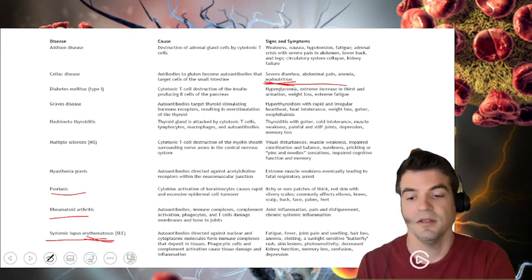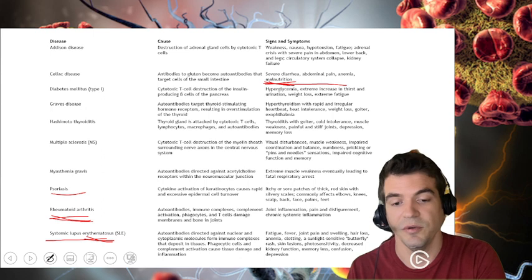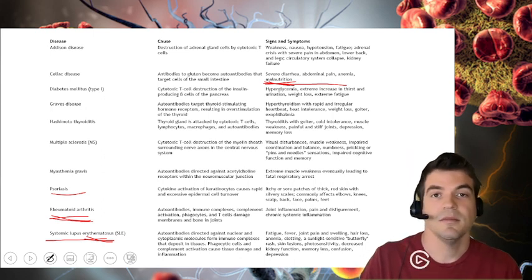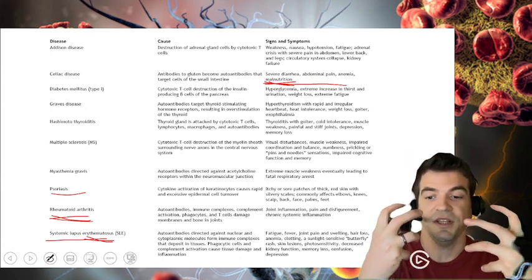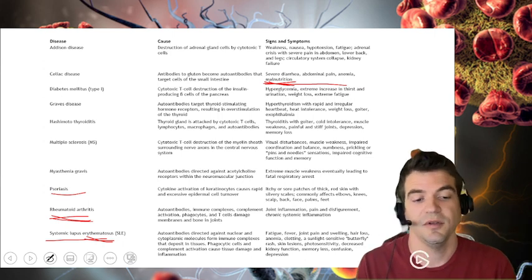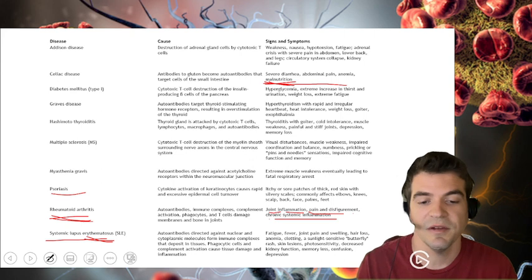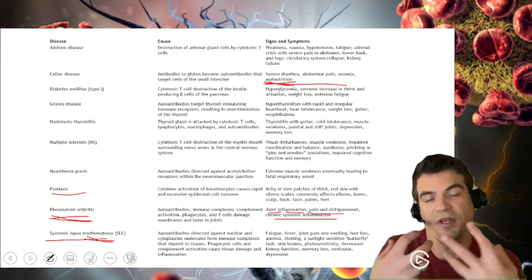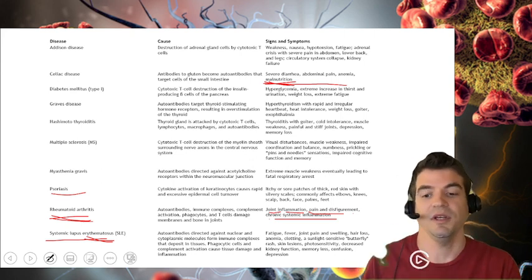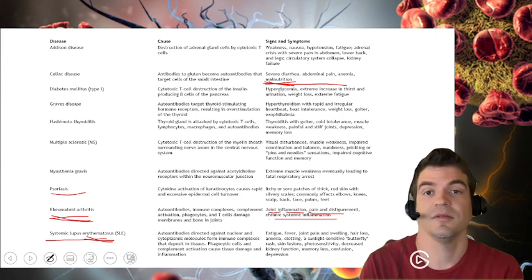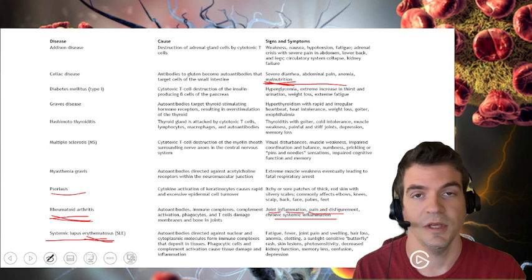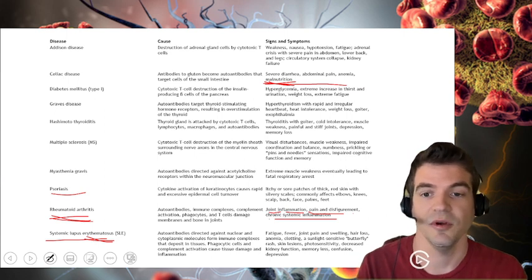What would happen if your fingers start moving like this? You're going to have joint inflammation, pain, disfigurement, chronic systemic inflammation. That's why associating it with the pictures will help, because you can see, oh, rheumatoid arthritis, rheumatologist, joints. So keep all of this in mind as you look over these disorders.